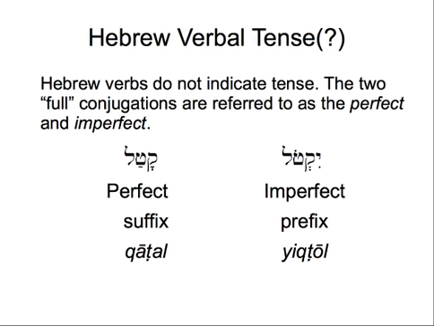So I may refer to, and Logos does refer to, verbs as a qatal conjugation or a yiqtol conjugation, even if that's not the exact root that you're looking at. Because the paradigm verb, the standard verb that we work out these various conjugations through, is qatal, and so they're using the transliteration of that as a marker for the type of conjugation we're looking at.